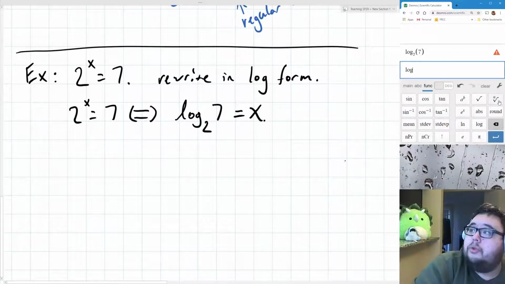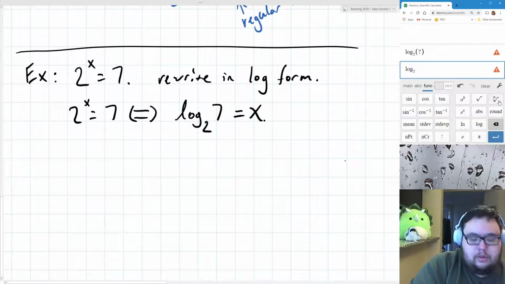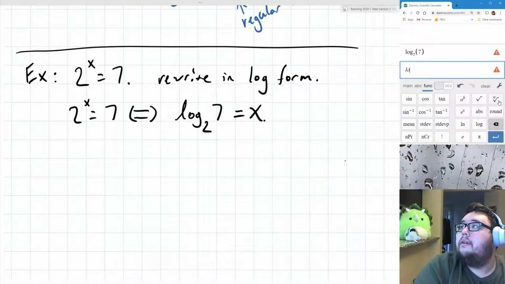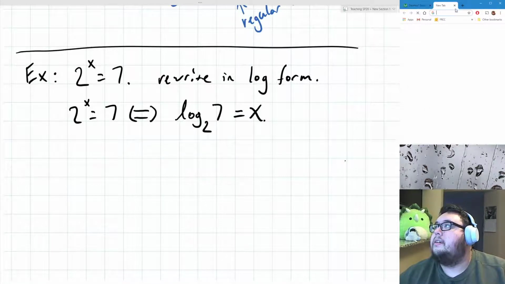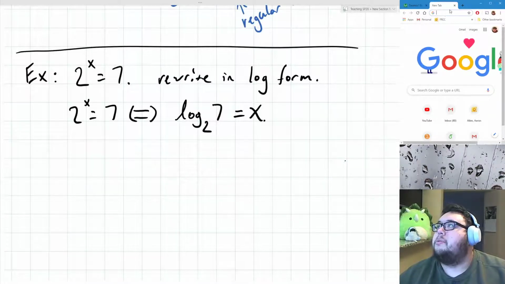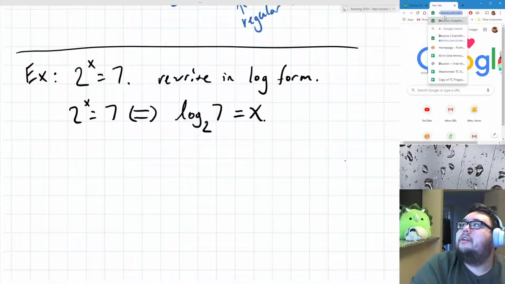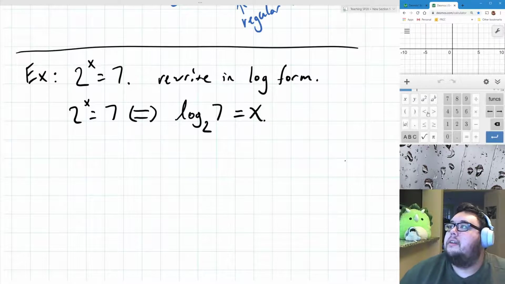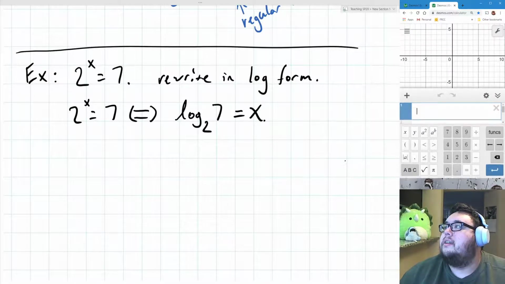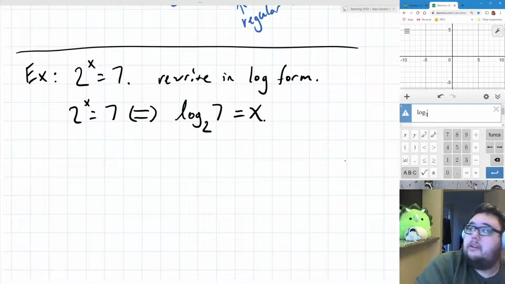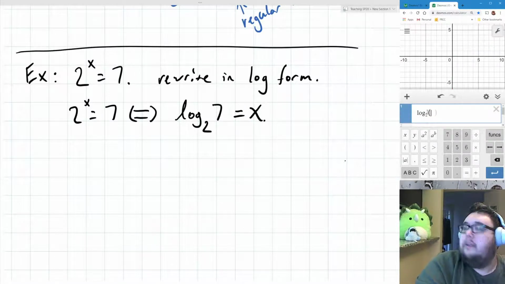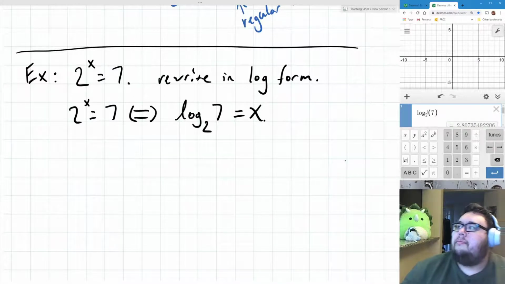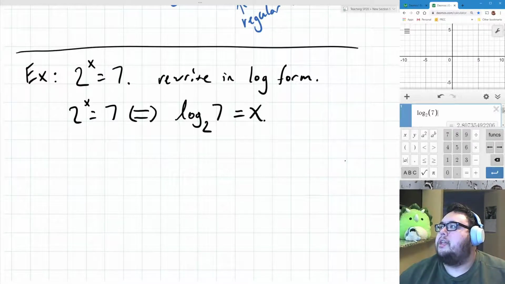Let's see if I can get it to. That's annoying. I was really hoping Desmos would be able to do that one for us. All right, the graphing version of Desmos will, at least.